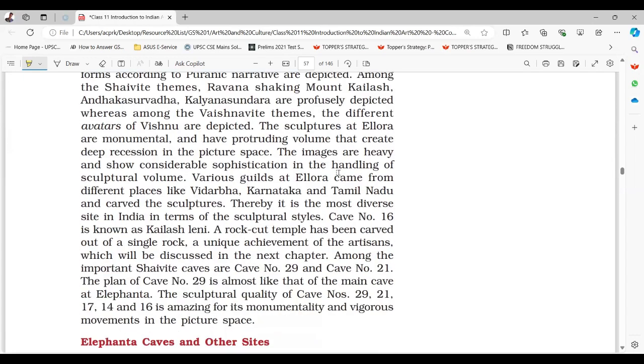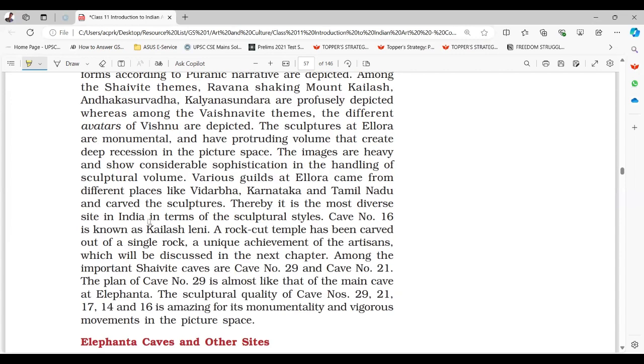Various guilds at Ellora came from different parts like Vidarbha, Karnataka and Tamil Nadu, and carved the sculptures. Thereby, it is the most diverse site in India in terms of cultural styles.